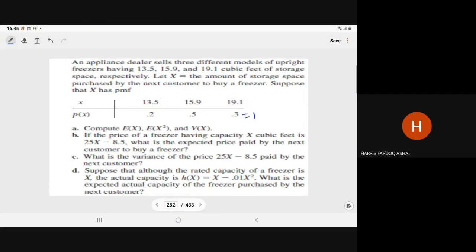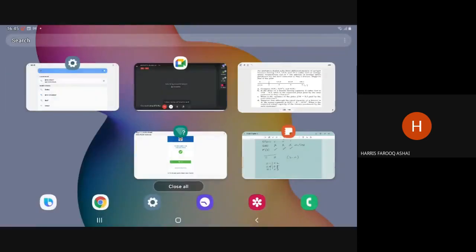Now you have to compute the EX, EX square and VX.